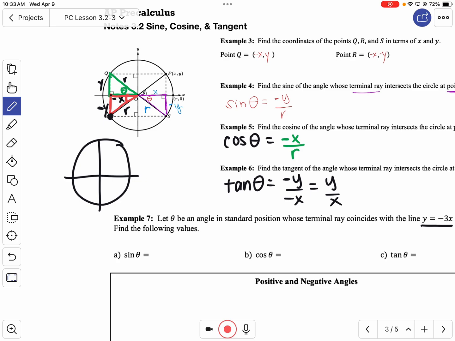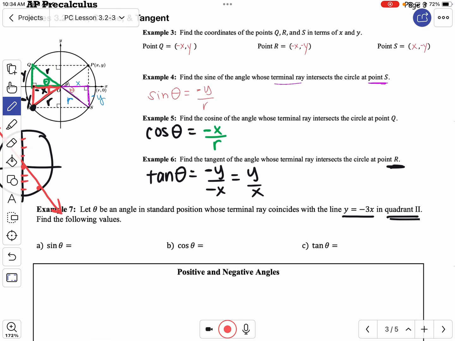Negative 3x, I'd have 0, and then I have a slope of negative 3. So down 3 over 1, and then up 3 back 1. All right, that's going to be important to us in just a second.